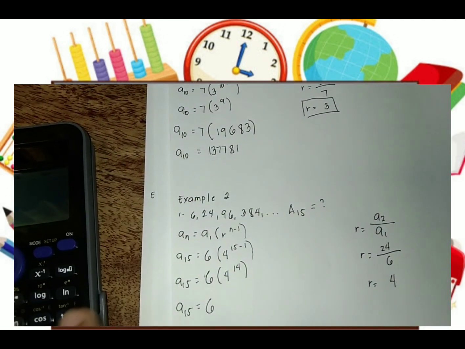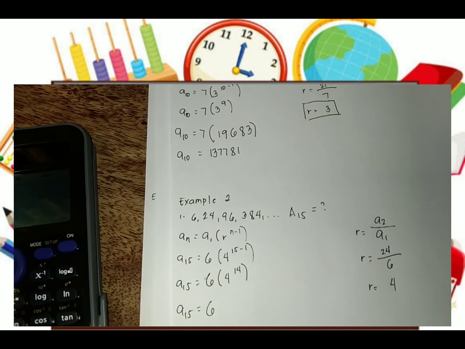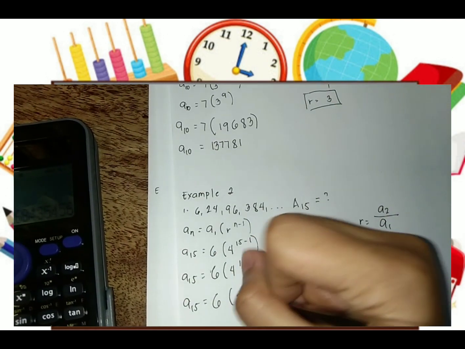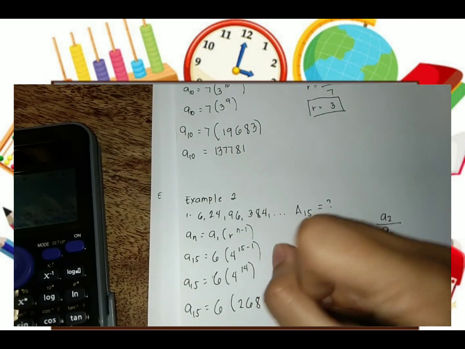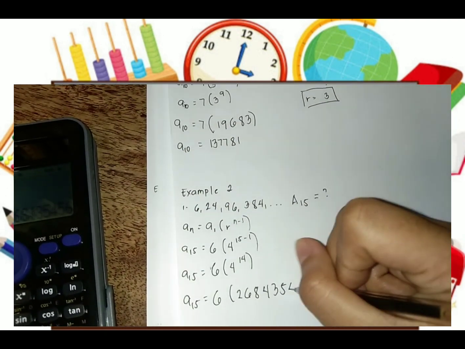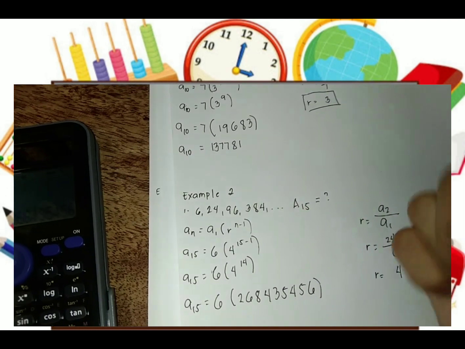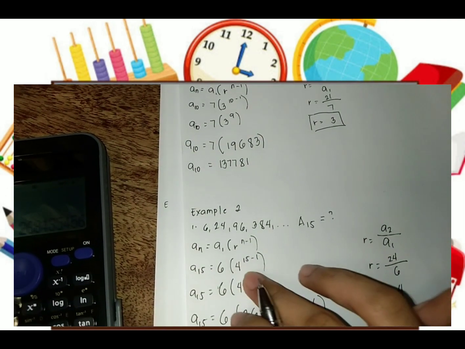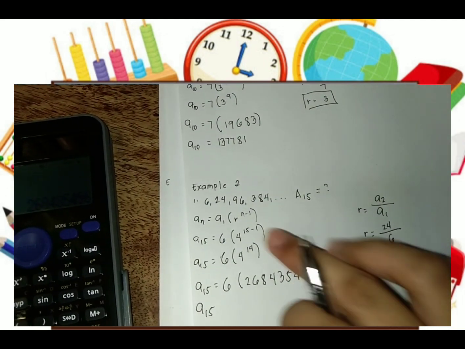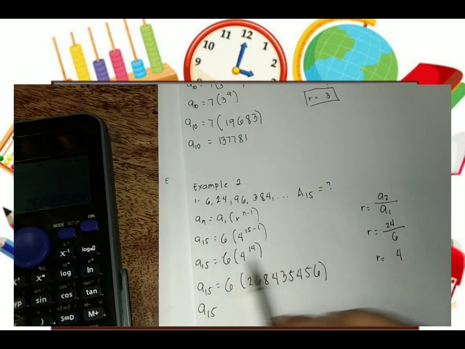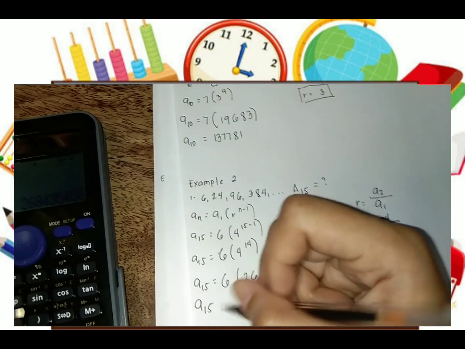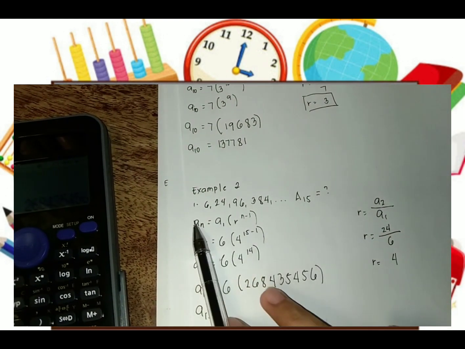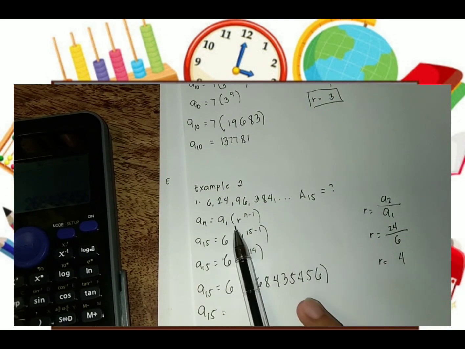4 raised to 14 is equal to 268,435,456. This is the answer here. Now we will multiply it to find the last term, or the 15th term, of our second example.